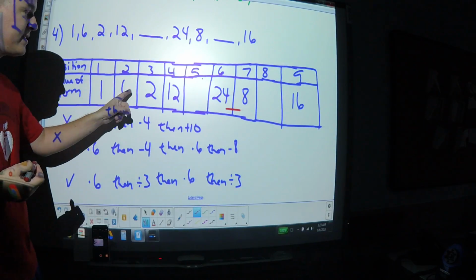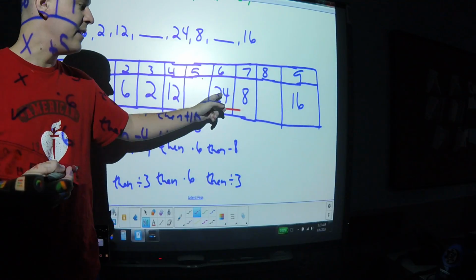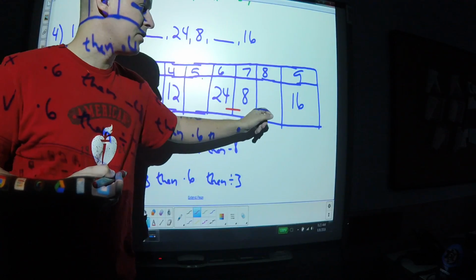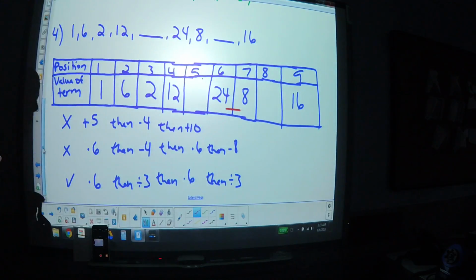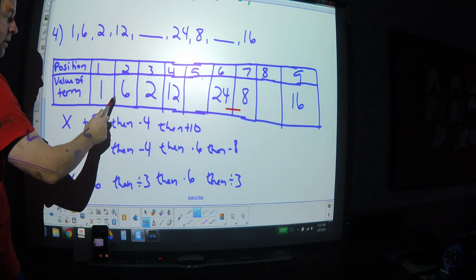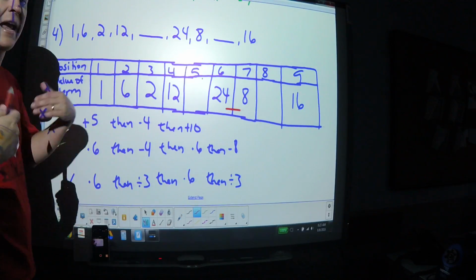So now that I've done that, notice that it increases, then decreases, increases, then probably decreases, then probably increases, then decreases, probably increases, then probably decreases. So we start out with 1. So 1 can be multiplied to give me 6, and I can add something.